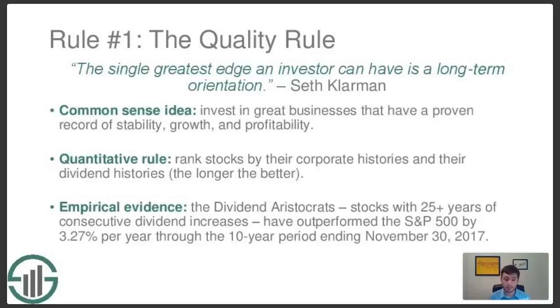It's phenomenal returns. And they've actually done that with lower volatility. So that's kind of the holy grail of investing, higher returns with lower volatility. That's what the Dividend Aristocrats have done. It's because they're proven businesses, they're high quality businesses, and they reward shareholders with rising dividends. That's what we look for as dividend growth investors.